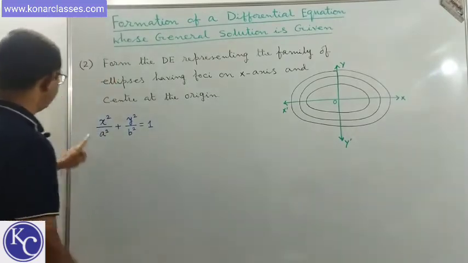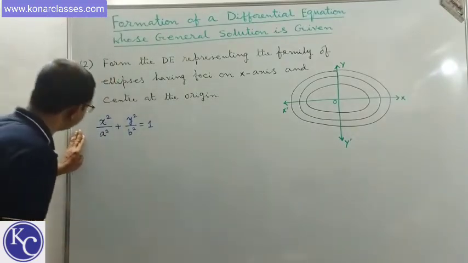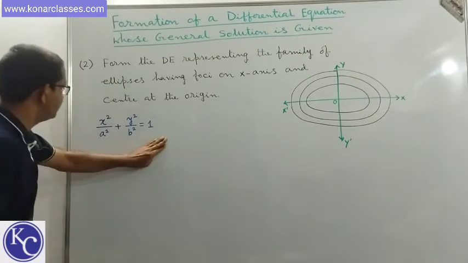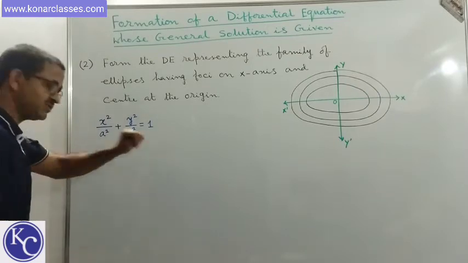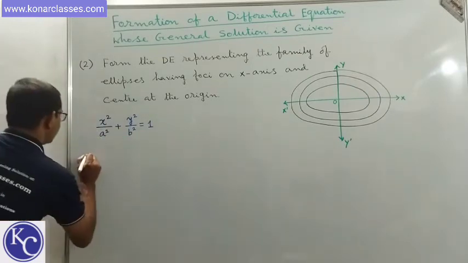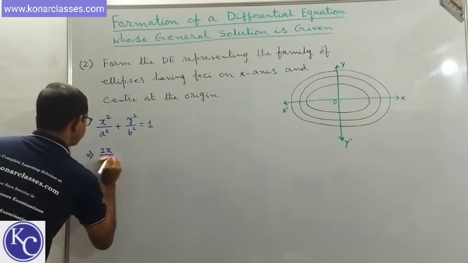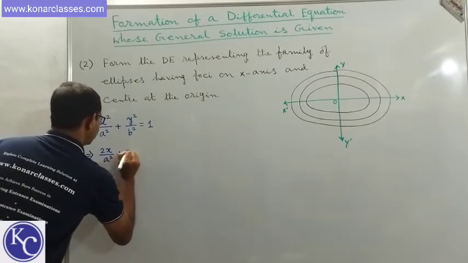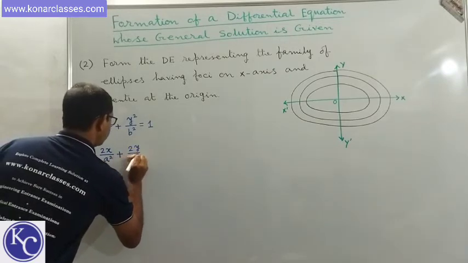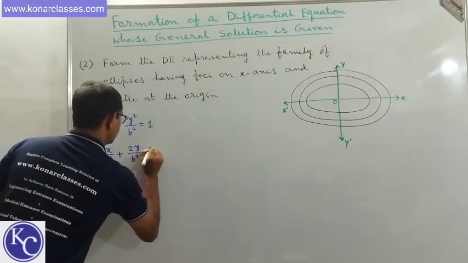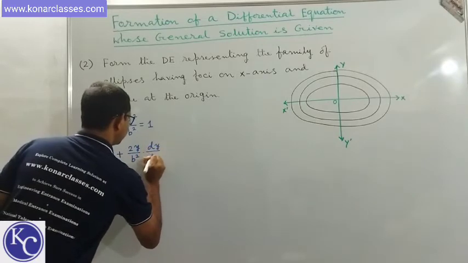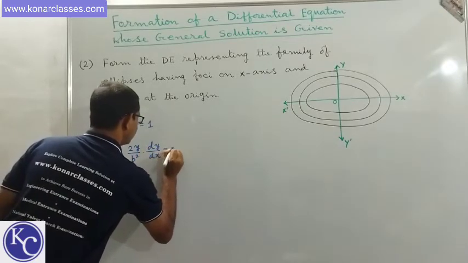Let's see. First, dear students, we will differentiate both sides of this given equation with respect to x. So what will we get here? 2x by a square plus 2y by b square into dy/dx is equal to 0.